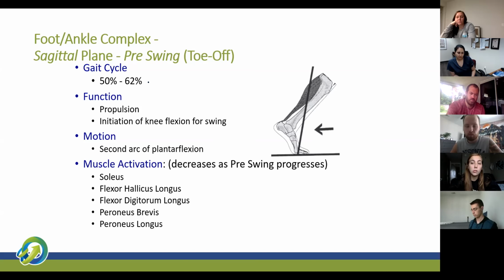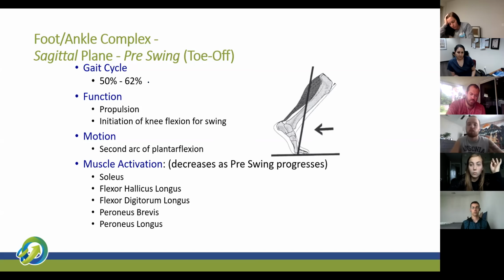Our ankle starts in neutral, and then we immediately go into plantar flexion at loading response, when the ground reaction force is nice and posterior. That is where we see our first arc of plantar flexion until the foot is flat, and then the tibia starts to advance forward until we reach dorsiflexion.